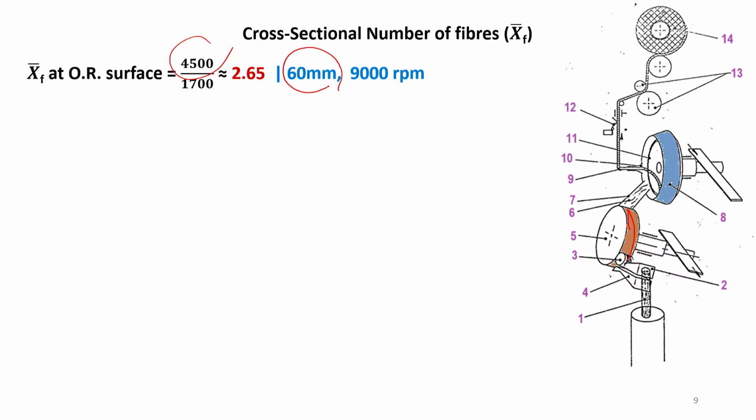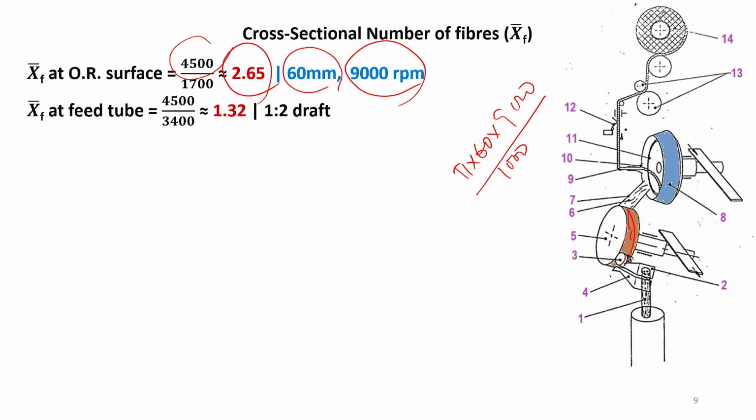If the diameter is 60 millimeter and the RPM is 9000, then pi into 60 into 9000, this is in millimeter per minute, divided by 1000. So, that will come out to be around 1700. From there we can calculate the average number of fibers on the opening roller surface at any time, which is 2.65.